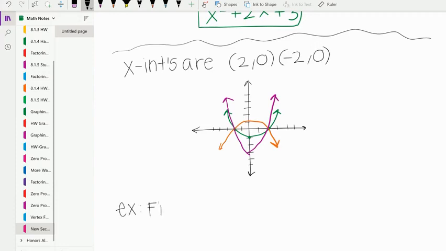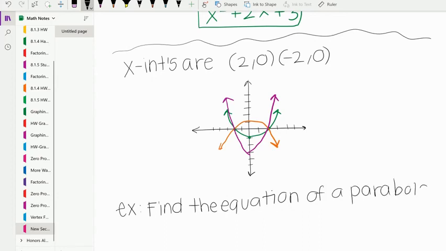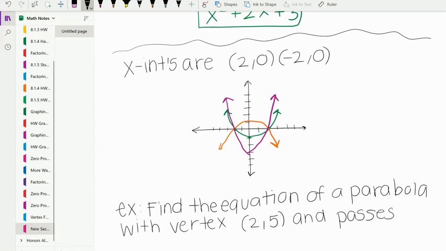So we want to find the equation of a parabola with vertex 2, 5 and passes through the point 1, 8.